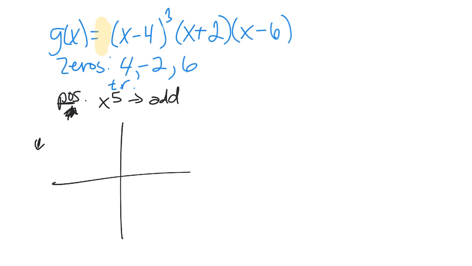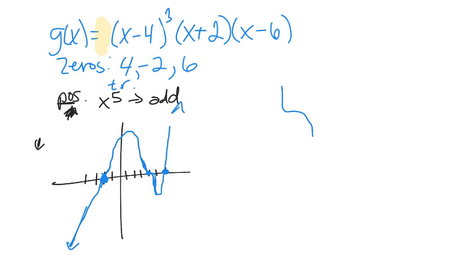So let's see what that's going to look like graphically. 1, 2, 3, 4, 5, 6. 1, 2, 3, 4. And we'll do it in blue. So it's going to start down here in the negatives, and it's going to end up here in the positives. I have a root at 6, and a root at 4, and a root at negative 2. Okay, and the positive 4 is our triple root, so it's going to make this motion through it. So I'm going to come up, got to turn around and go through this point in this little snake motion.